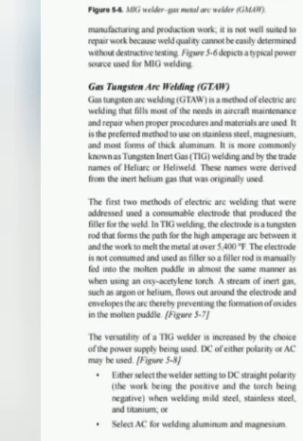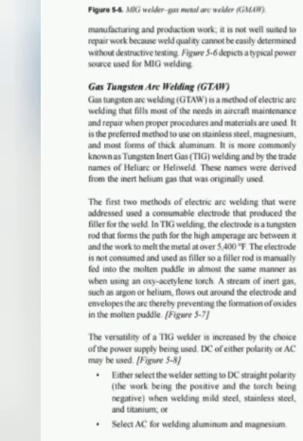It is more commonly known as tungsten inert gas welding, and by the trade names of HeliArc and HeliWeld. These names were derived from the inert helium gas that was originally used.